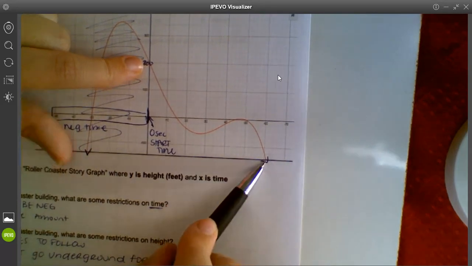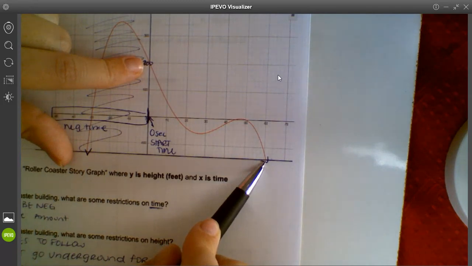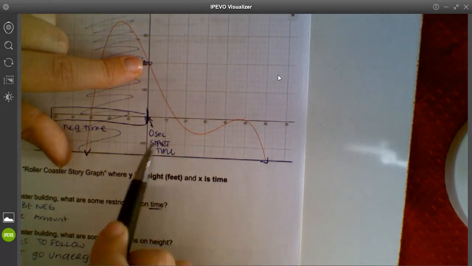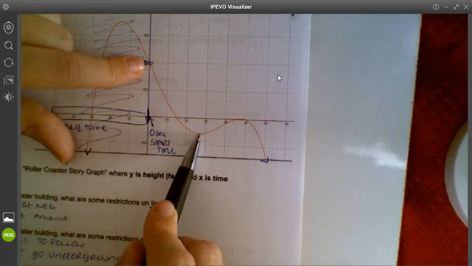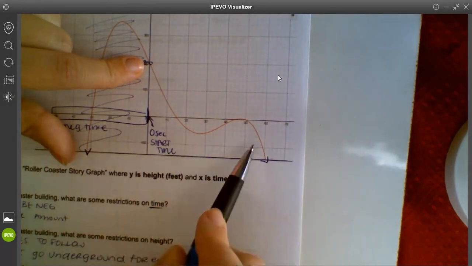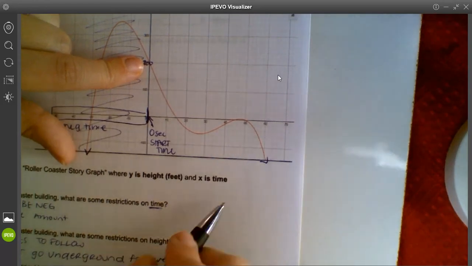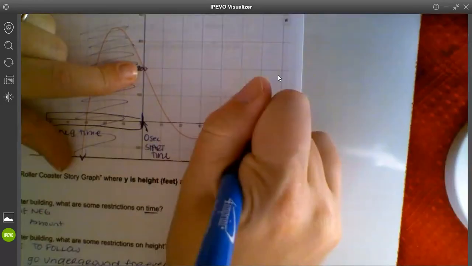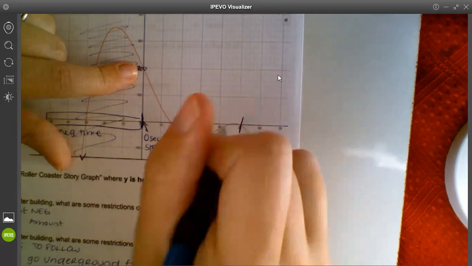But then see how this goes on and down forever? We should probably put a stop to that. So we want to stop a roller coaster. This is 100. 50 seems practical, but all the way down doesn't. So we've got to chop our roller coaster off at some point. In fact, I'm going to chop it off right here.